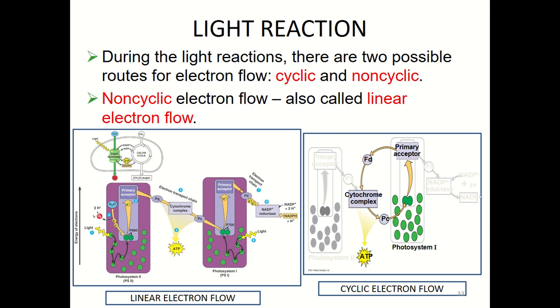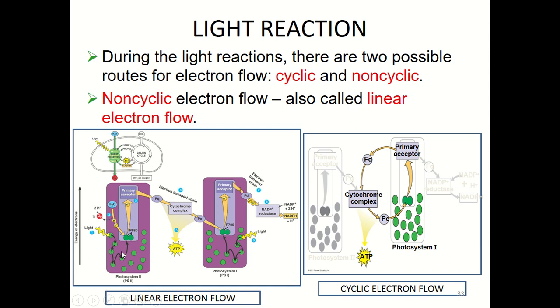Next, we are going to look at the first step of photosynthesis, which is the light reaction. In the light reaction, there are two possible routes or flows for the electron: cyclic and non-cyclic. Cyclic means we will recycle the electron again. Meanwhile, in the non-cyclic light reaction, the electron is not recycled or reused.